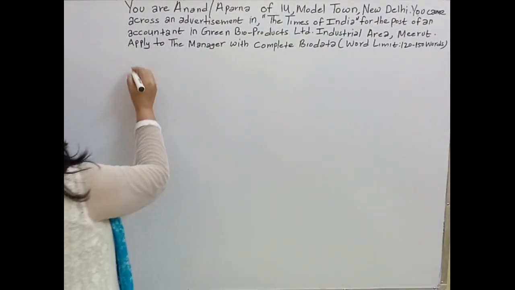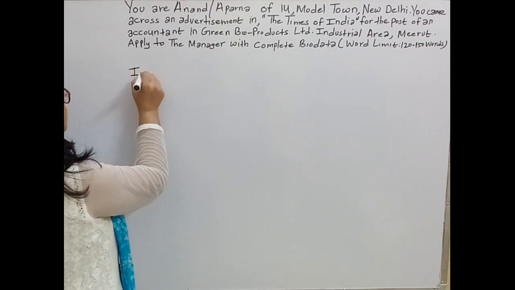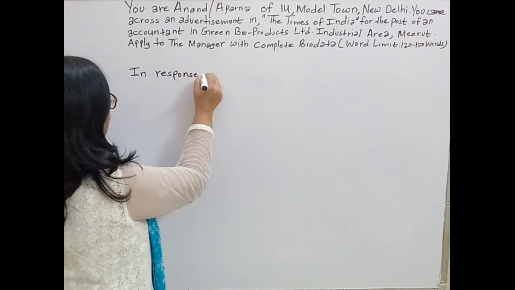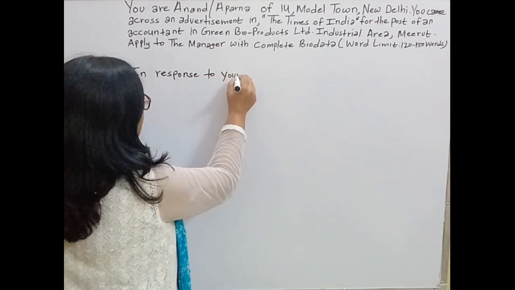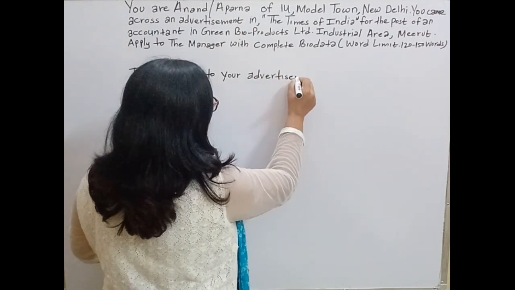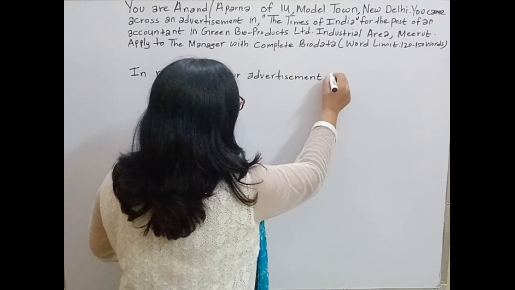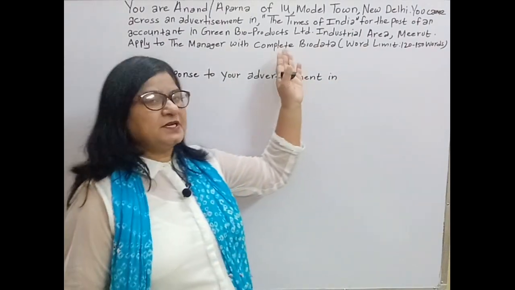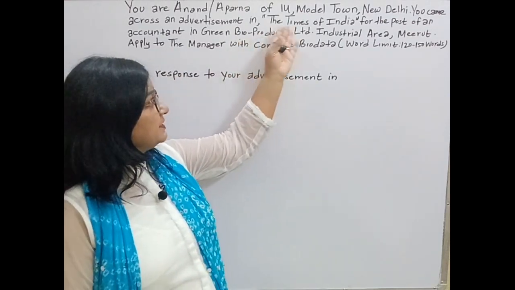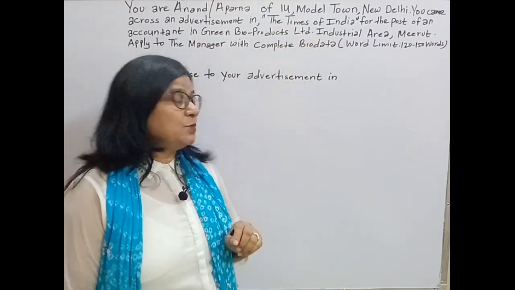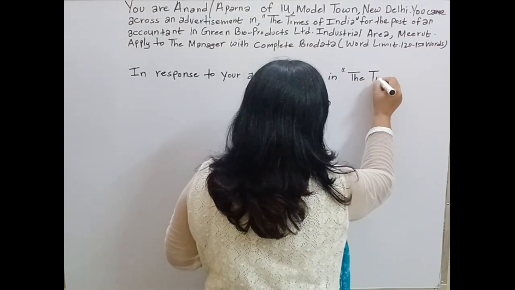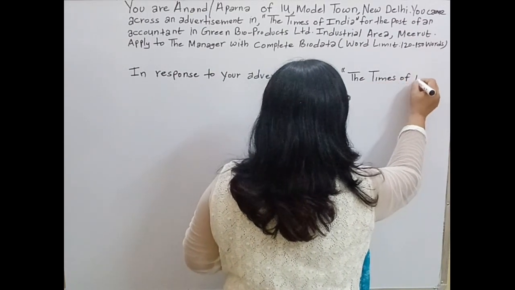So we can start with, in response to your advertisement in the Times of India. Which is the source here? It's a newspaper, and the name of the newspaper is given, the Times of India.